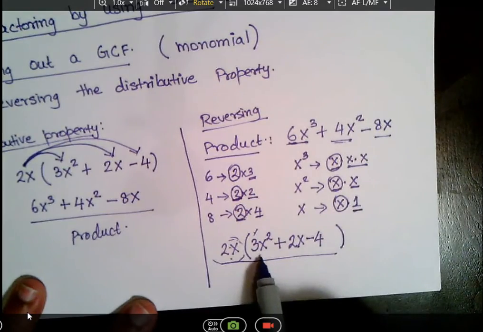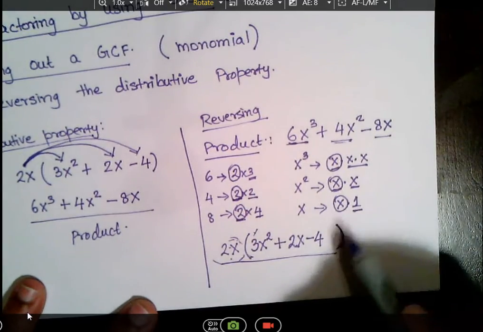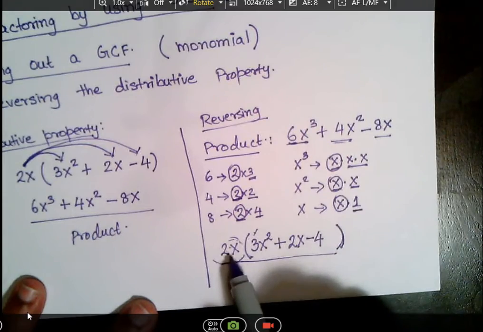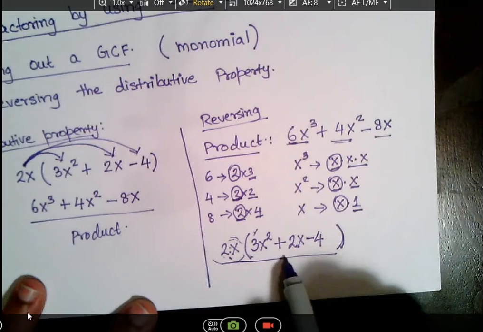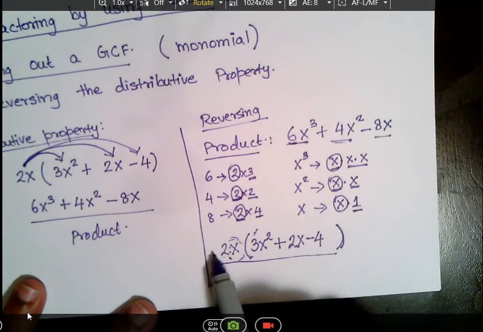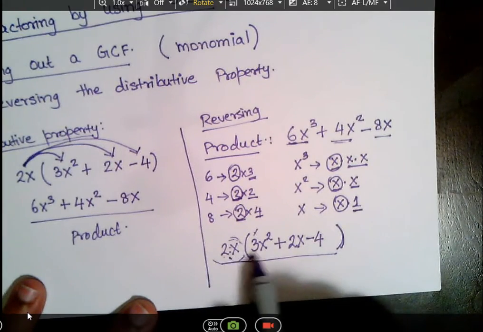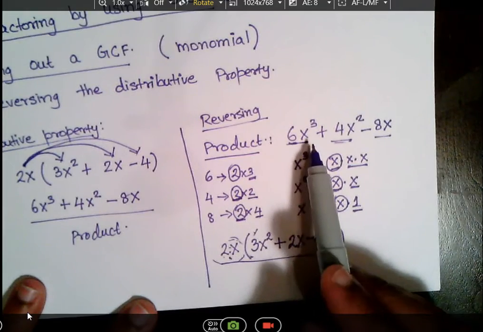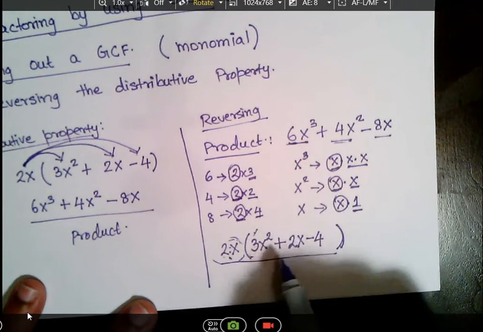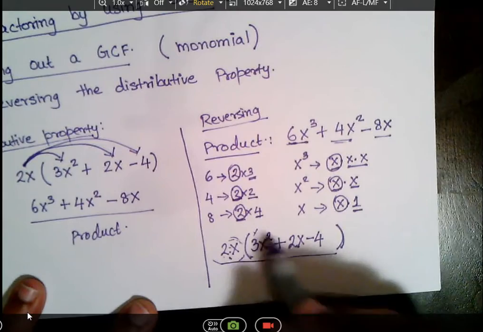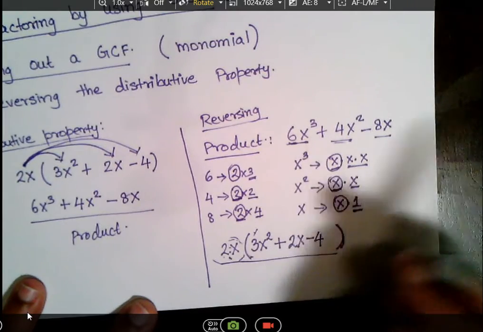And I wrote the other factor, what is left out of the polynomial. So this is one factor, which is 2x times 3x squared plus 2x minus 4. So these two polynomials, a monomial and a trinomial, multiply to give me that product. Okay, so you can check by remultiplying it to see if you get the original problem.